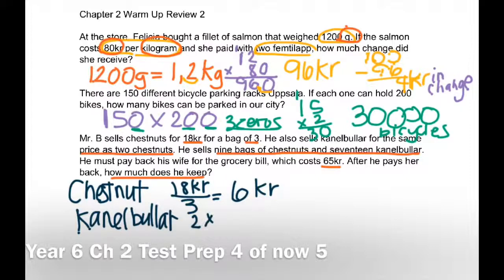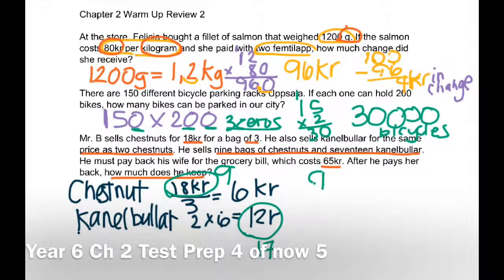So 2 times 6 would be 12 kroner. And he says that he sells 9, so that was just the cost of each thing. And he sells 9 of these, and 17 of these. So let's figure out how much that is.